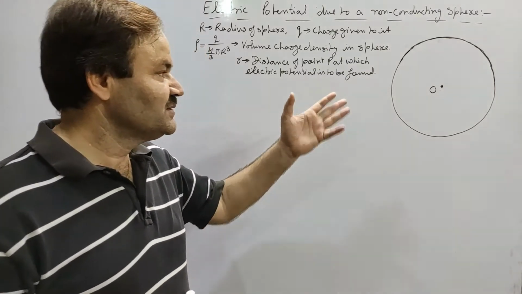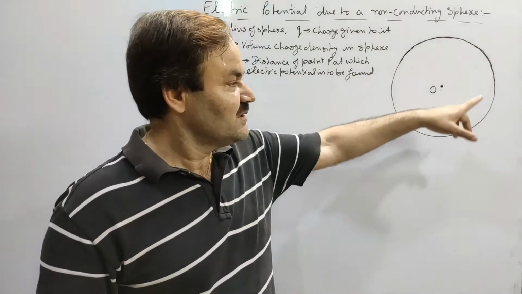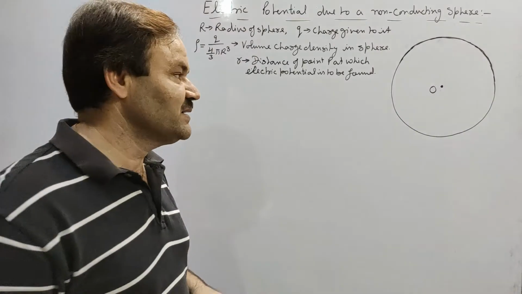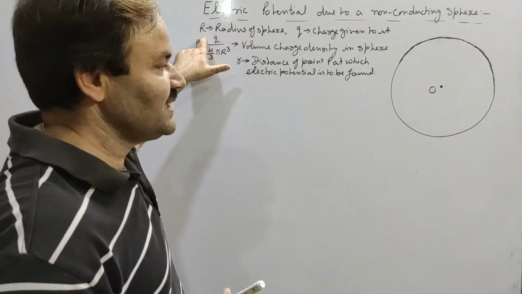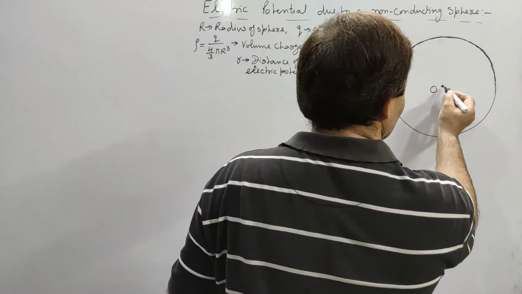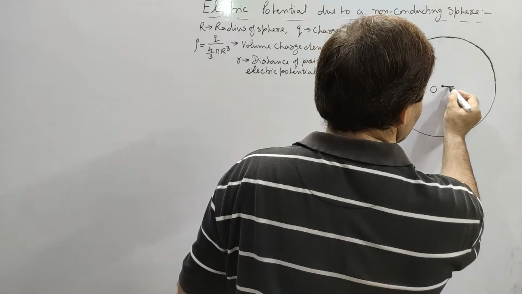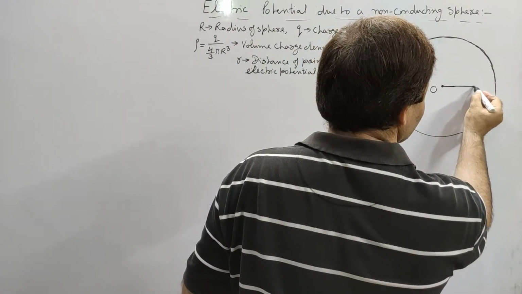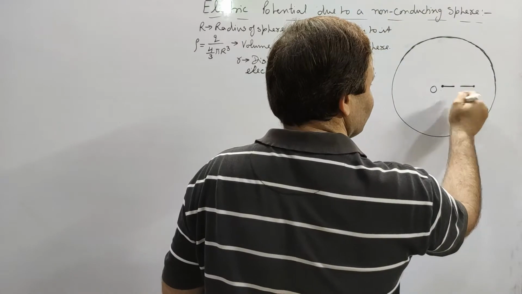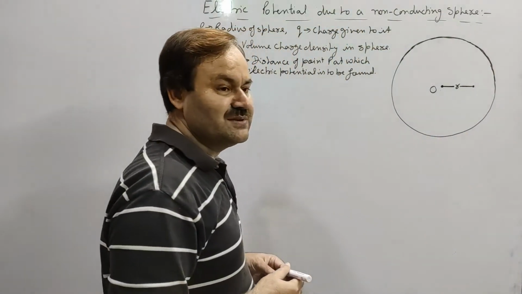So first, say it is a solid sphere of non-conducting material having radius R, and we have to find out the electric potential at a point P, distant small r from the center of this sphere.